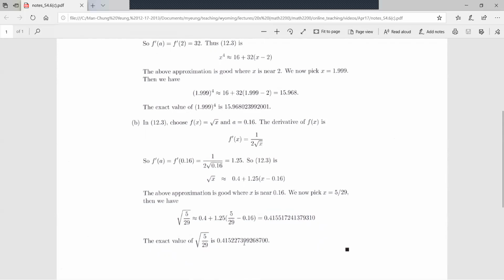We see that they are very close, but the approximation is slightly greater than the exact value. This is 0.4155 and this is 0.4152. So this estimate is an overestimate of this quantity.